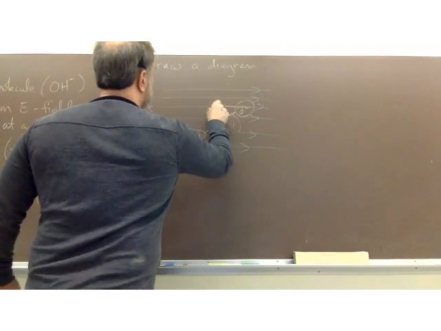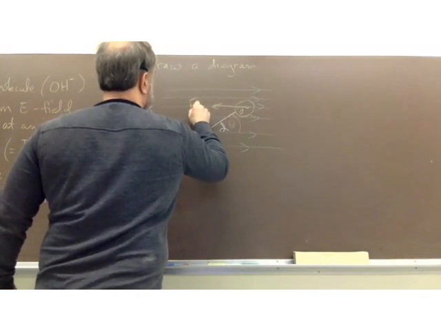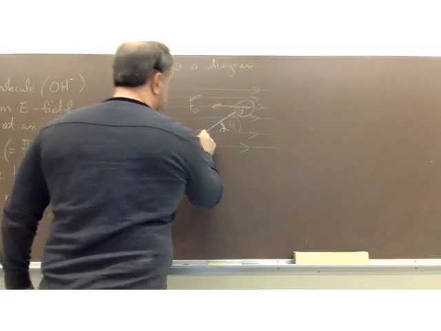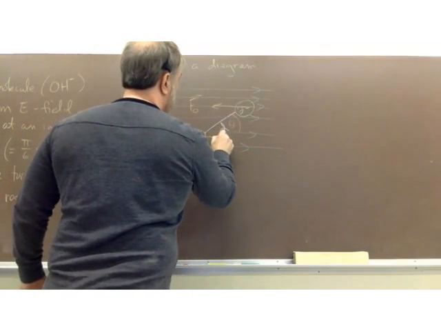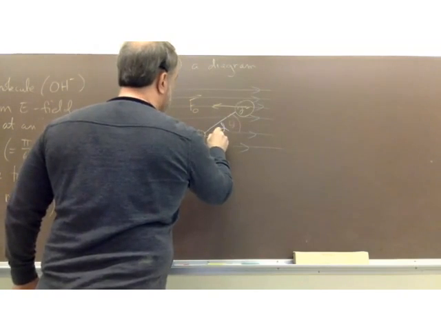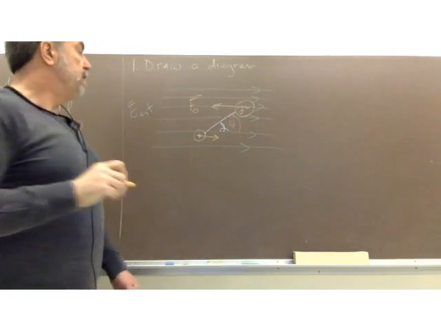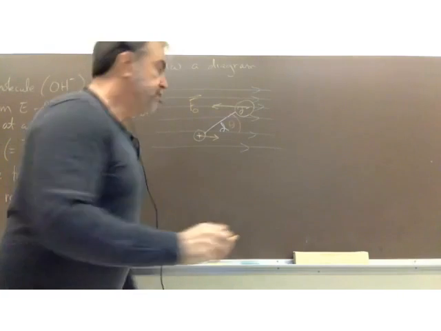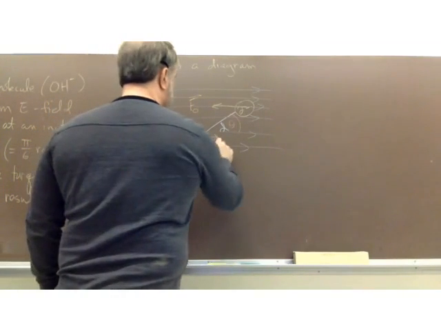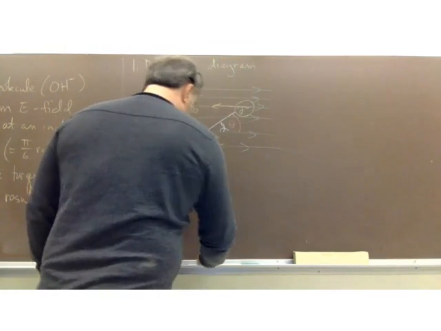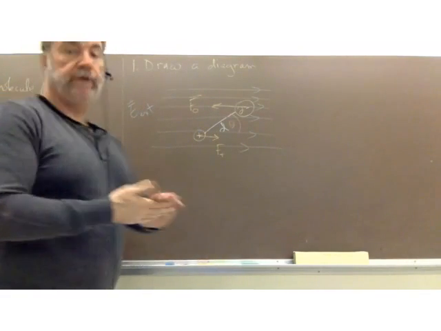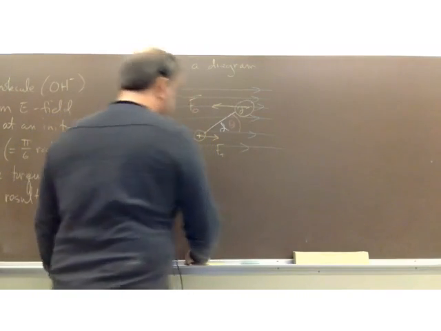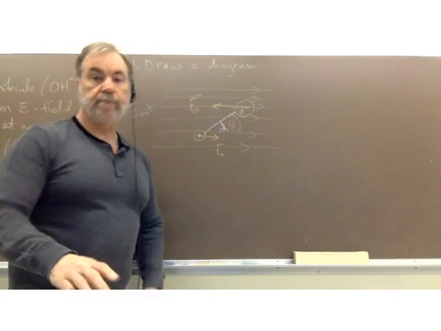So this is the force on the oxygen. The force on the hydrogen will point that way, and it will be smaller than the force on the oxygen. Why? Because the charge on the hydrogen is smaller than the charge on the oxygen. Okay, so this will be F plus. And as a consequence, there will be torques, and our moment arms here. Now, we're going to have to be a little bit careful with the moment arms, and I'll get to that.